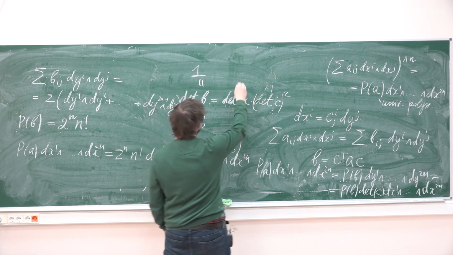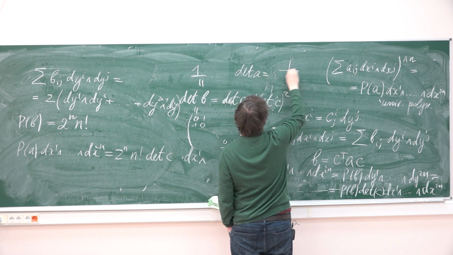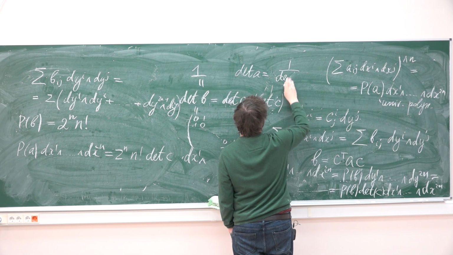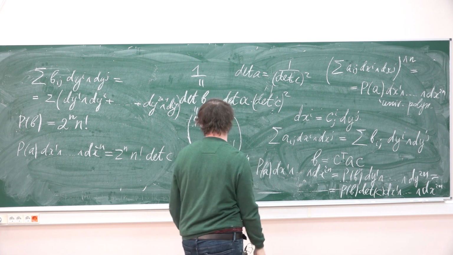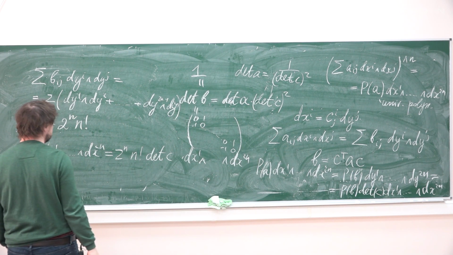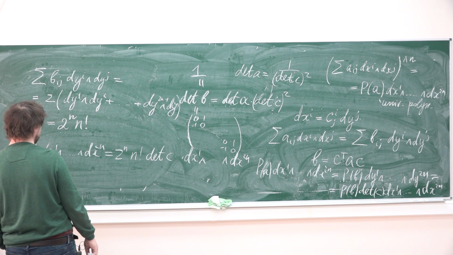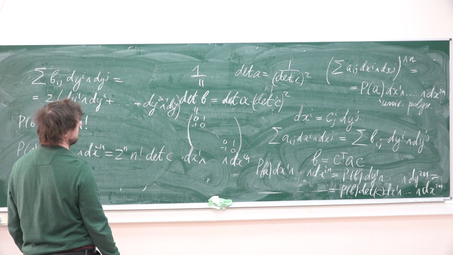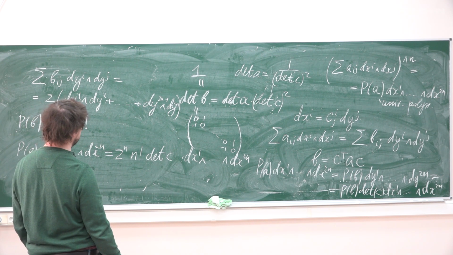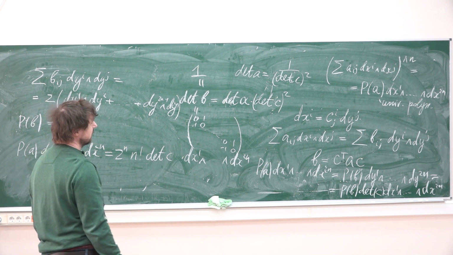Right? So determinant of A is equal to 1 over determinant of C squared. No, that's more or less what we have here. Is it true? Oh, sorry. Somehow I have changed something.